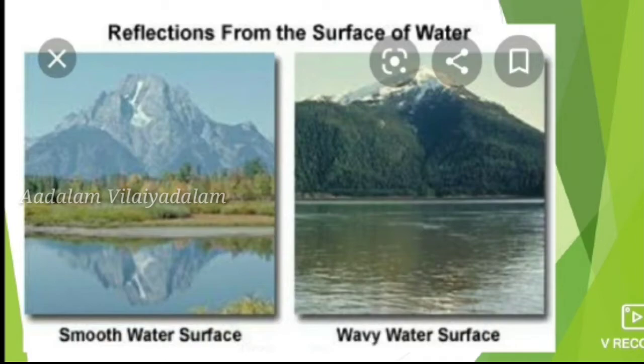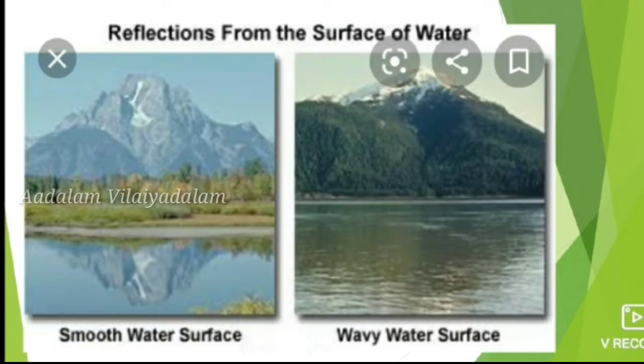And in regular reflection the angle of incidence is equal to the angle of reflection, that is, angle i is equal to angle r. But in irregular reflection the angle of incidence is not equal to the angle of reflection. So these are the differences between regular and irregular reflection.